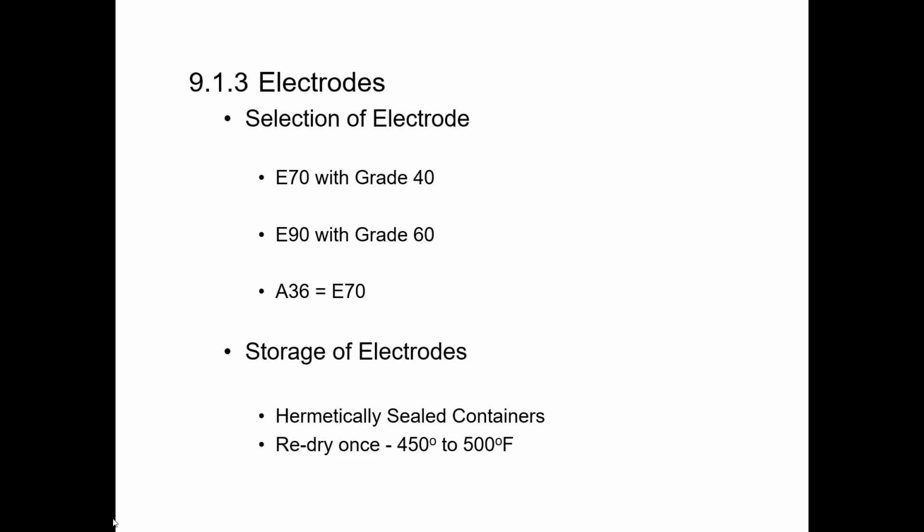Okay, in both instances where it says E80 and E90, I want you to mark out E80 and mark out E90 and write in E70 so that it should read, it shows that E70 electrodes must be used with grade 40 bars, E70 electrodes with ASTM A706 bars, and E70 with grade 60.